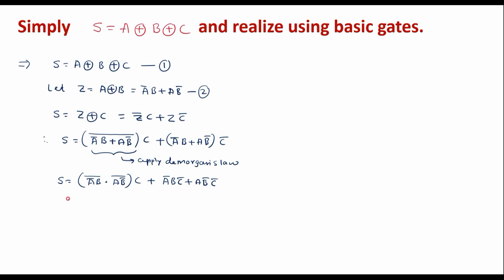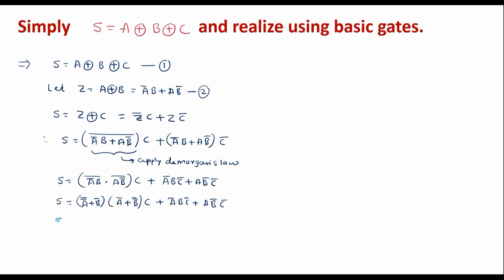Further I can simplify this, again by applying De Morgan's theorem separately to these two expressions. I can represent it as A bar bar plus B bar, and here we have dot, then again applying De Morgan's theorem for this expression, I can represent it as A bar plus B bar bar, and here we have C plus we have A bar B C bar plus A B bar C bar.